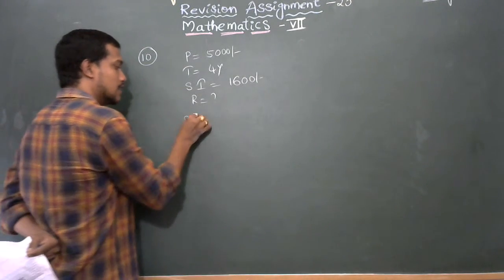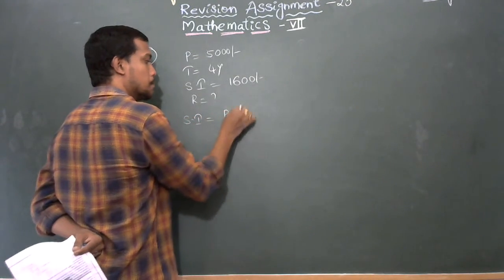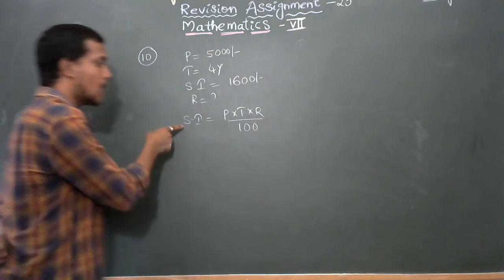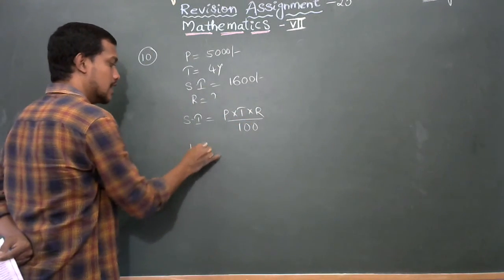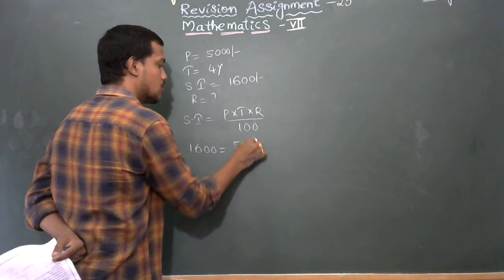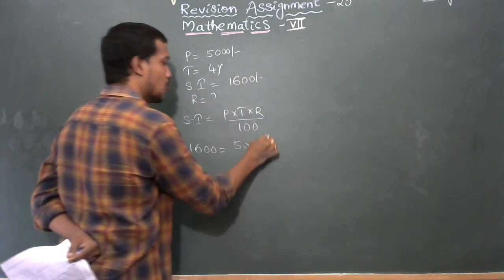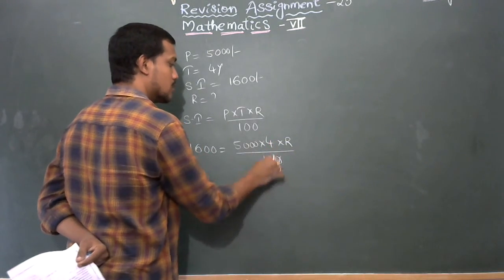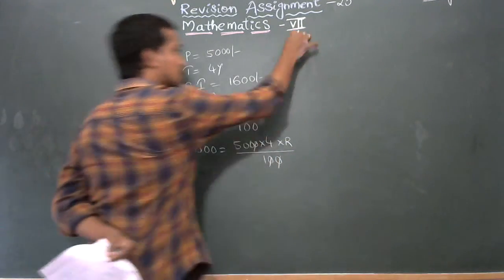So simple interest equals PTR by 100. 1,600 equals P value 5,000 into T value 4 into R, which we want to find. So 2 zeros cancel.